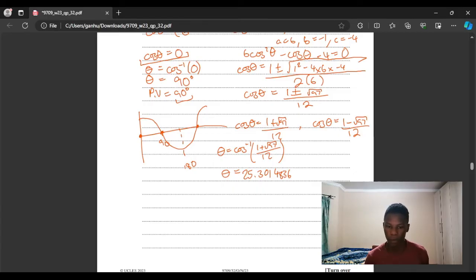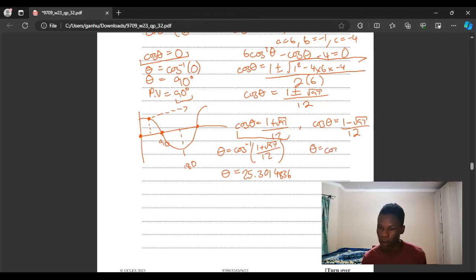Okay, and again we will sketch our graph for cos x, or rather let's just use the one that we have above. So 25.30 would be somewhere over here, right here. And as you can tell, if we keep going with this line, we don't have any other solutions between 0 and 180. So that's the only solution we'll get from cos theta is equal to 1 plus root 97 over 12. Now let's evaluate the negative one.